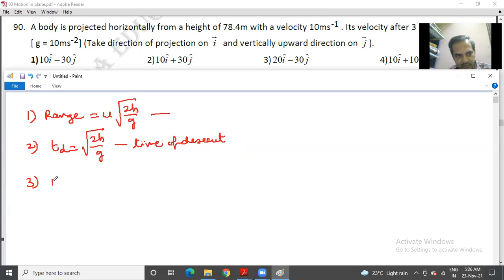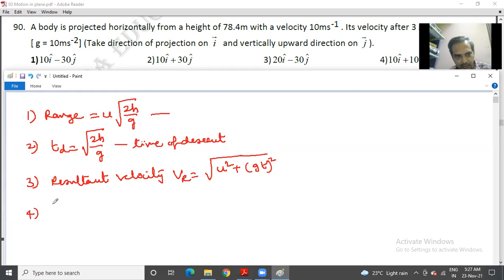Then resultant velocity. You have written that VR is equal to root over u square plus gt whole square. This formula you had.